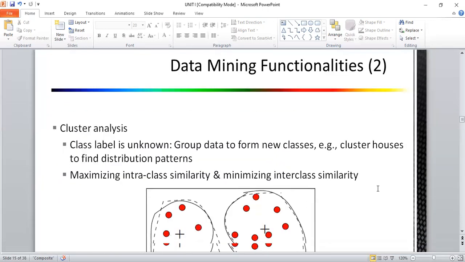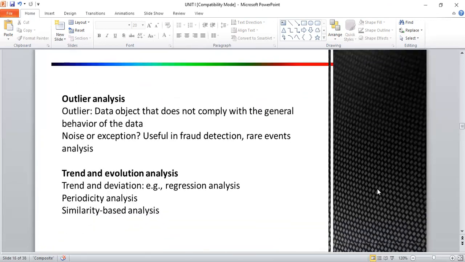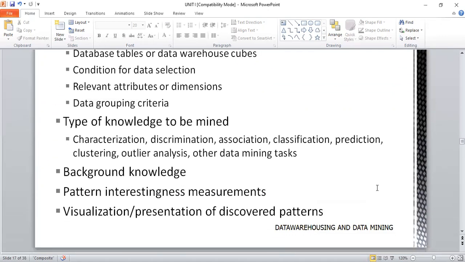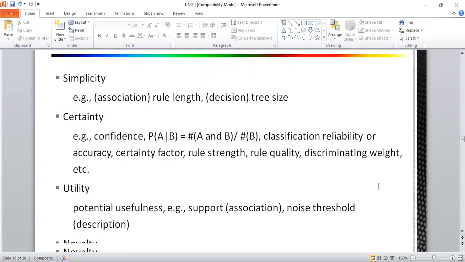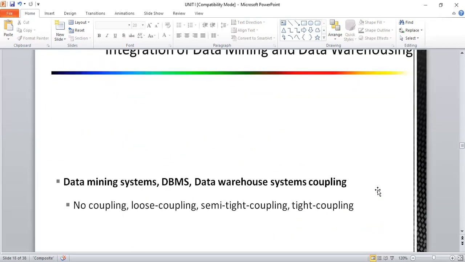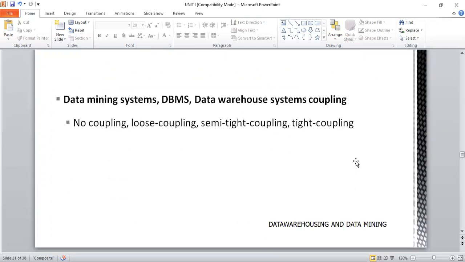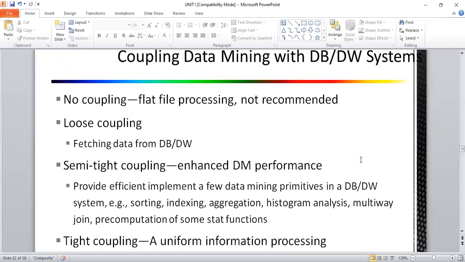We have covered functionalities of data mining. Then we have seen primitives of data mining, task primitives of data mining. So that's it for this session. And in next class, we are going to cover integration of data mining with data warehousing. So we are going to see these coupling techniques to couple data mining, data warehouse, and mainly with database also.